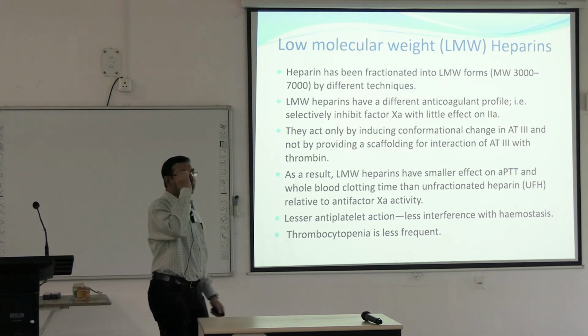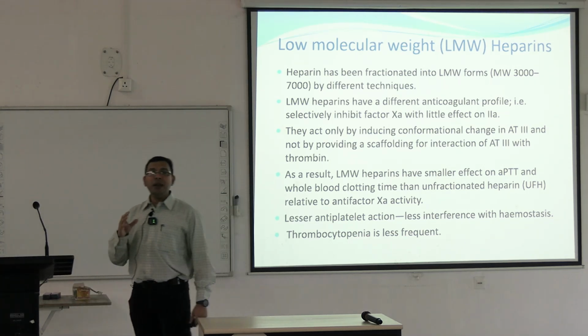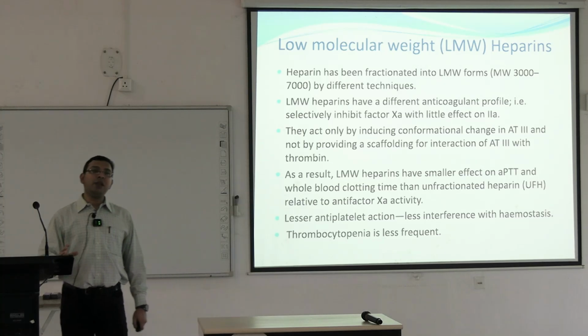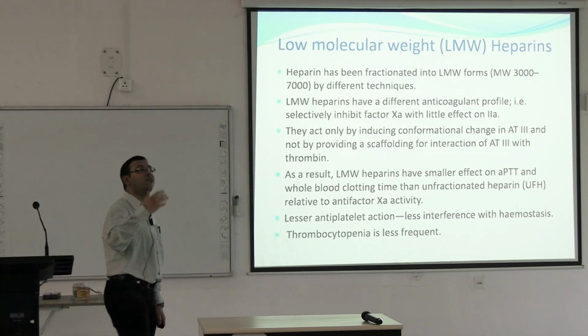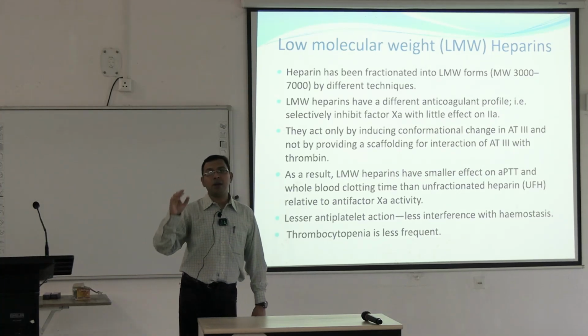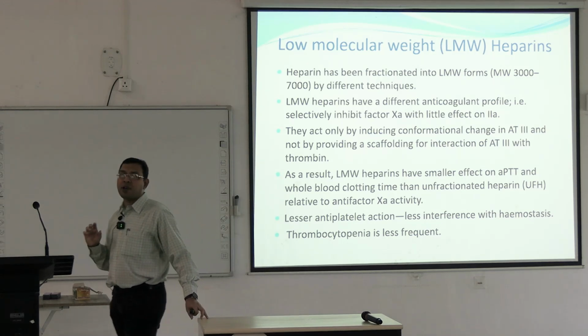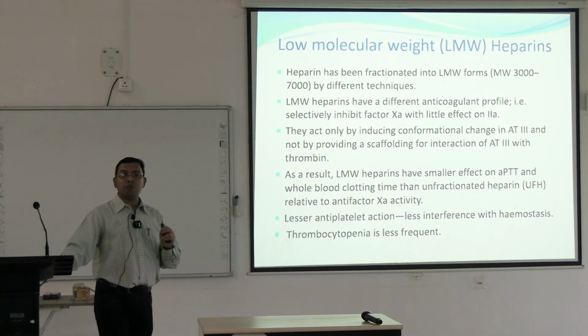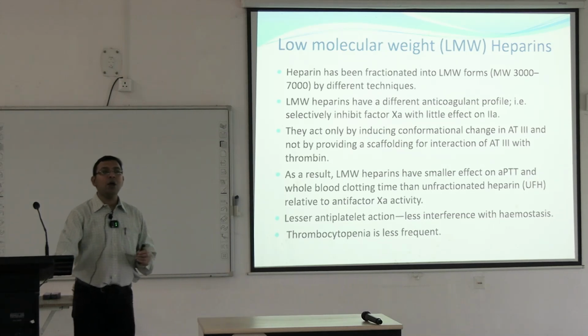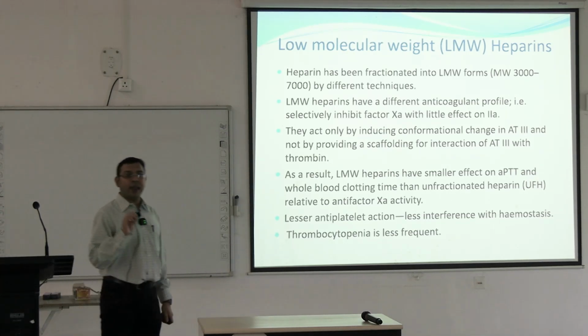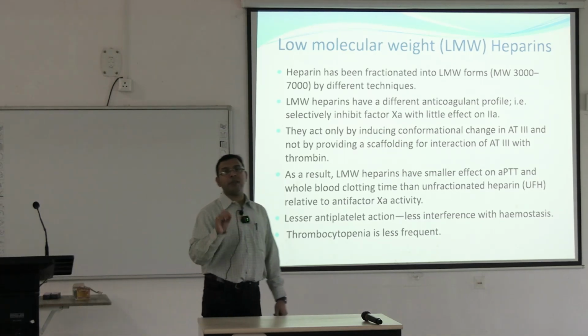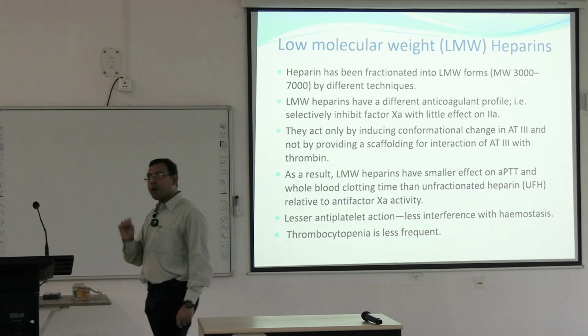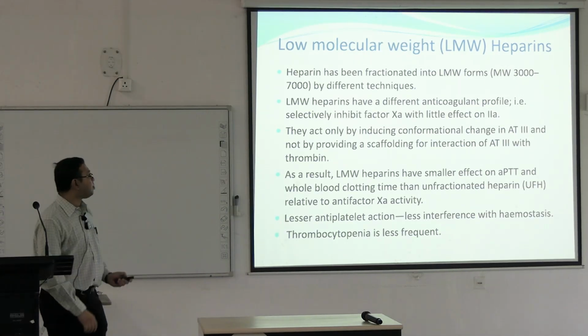For the diseases where we need heparin, we don't need a very high grade of anticoagulation, which is usually possible with unfractionated heparin. The low grade of anticoagulation possible with low molecular weight heparin or synthetic pentasaccharides is enough for prophylaxis or treatment of different cardiovascular or cerebrovascular diseases.